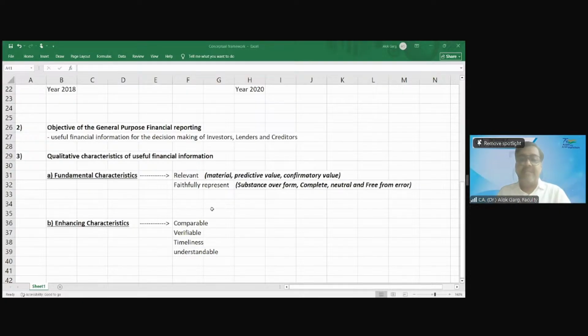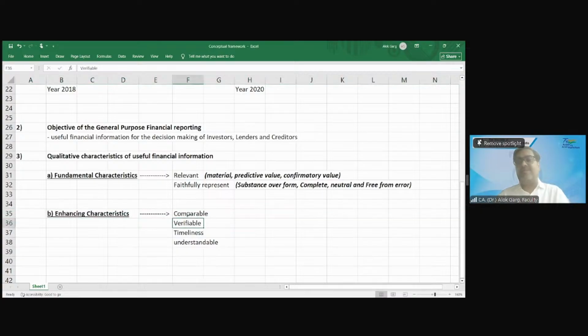The enhancing characteristics are comparable, verifiable, timely, and understandable.